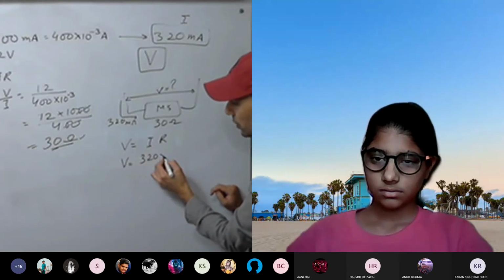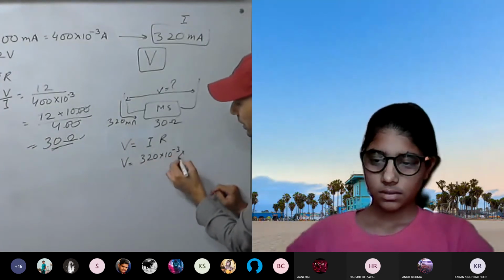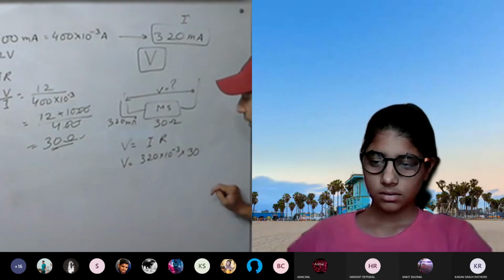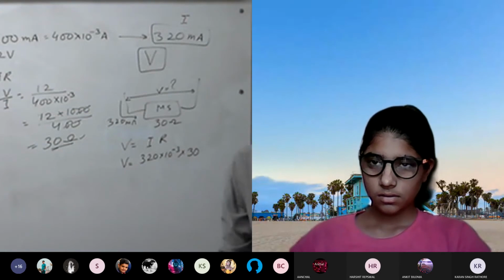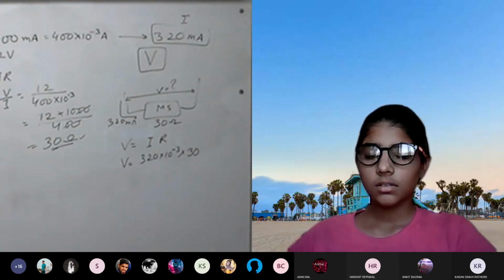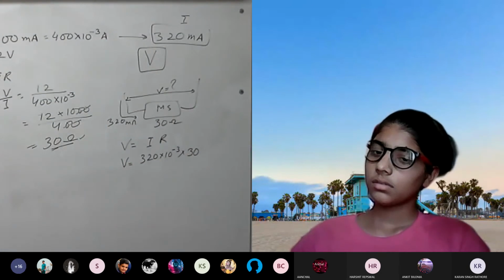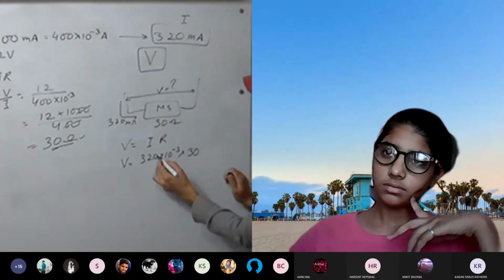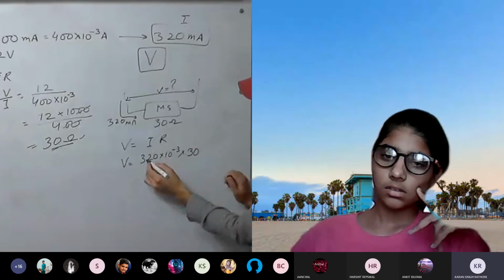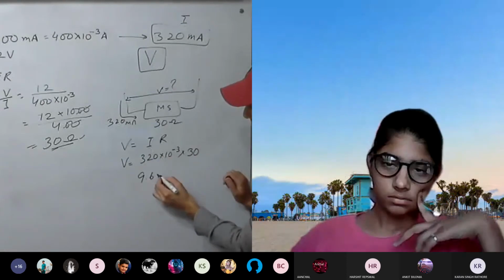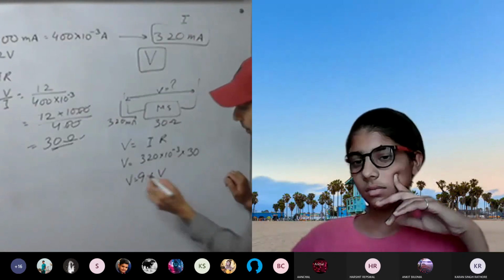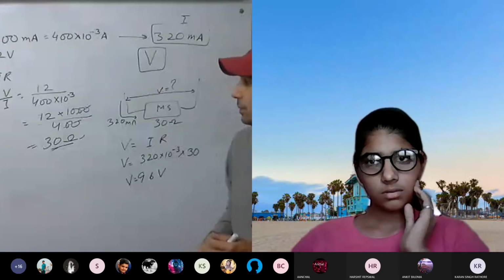I will be 320 into 10 raised to power minus 3 into 30 ohm. Okay, calculate it. 9.6 volt. Understood it?